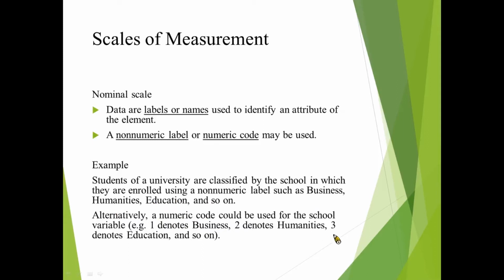So this is the numeric code. You can see 1 denotes business, 2 denotes humanity, 3 denotes education, and so on. Because the data is non-numeric, you need to change it into numeric: 1, 2, 3.